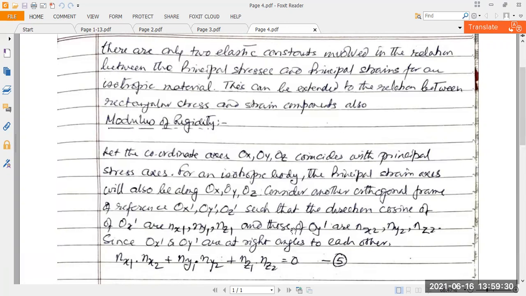So their direction cosines will be equal to 0 itself. So what is this? The cos of the angle subtended by OX dash with OX, multiplied by the cos of the angle subtended by OY dash with OX itself. If we multiply it, it will be equal to 0 itself.